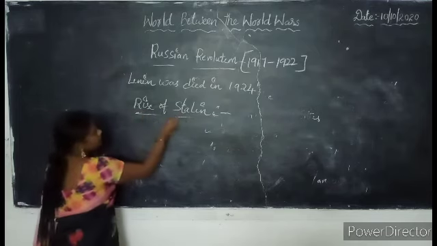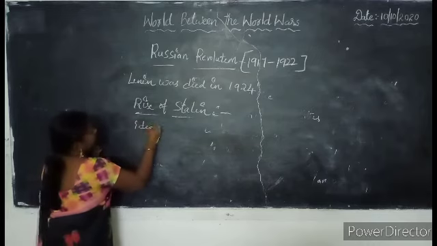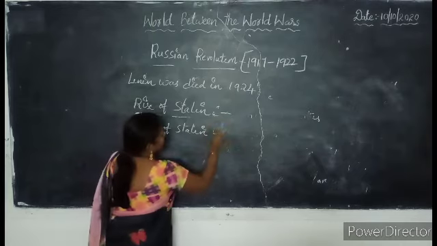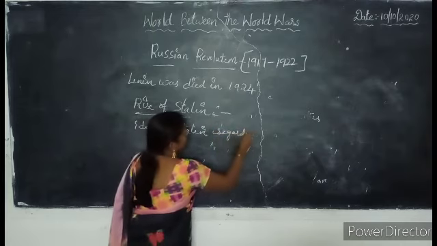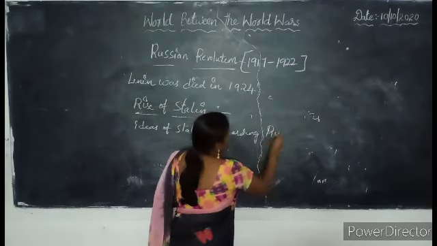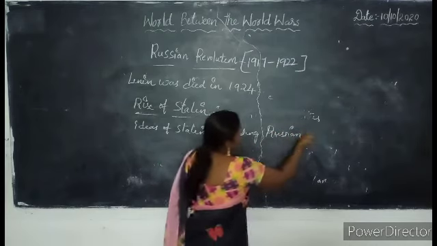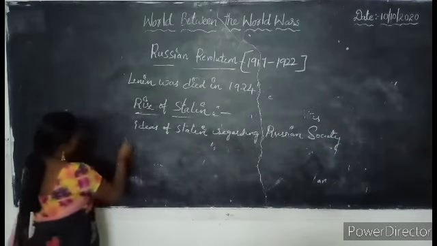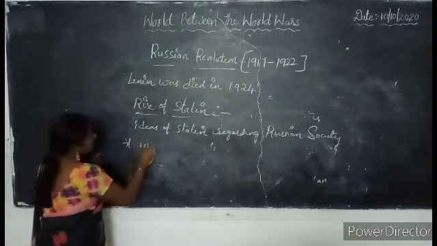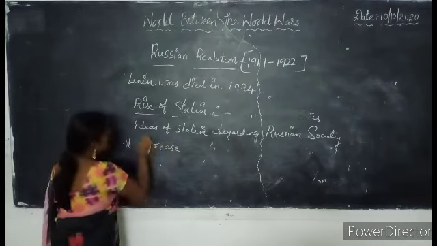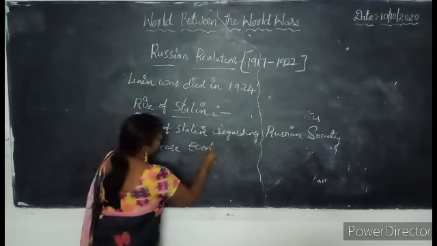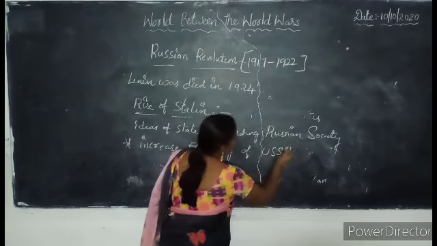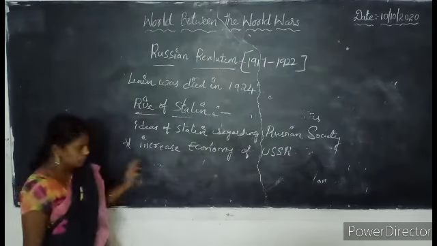What are the ideas of Stalin regarding Russian society? Stalin wanted to increase the economy of the USSR.